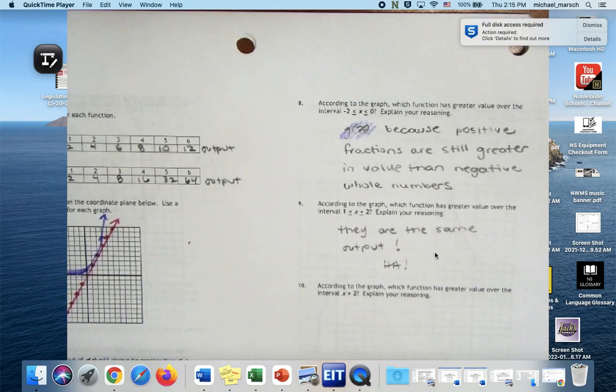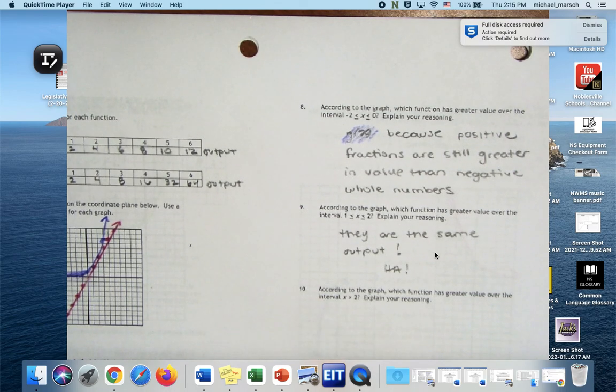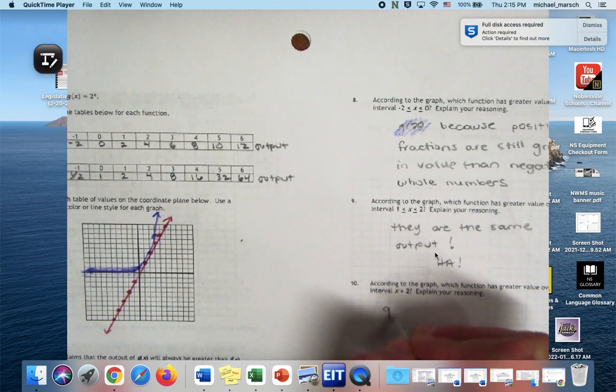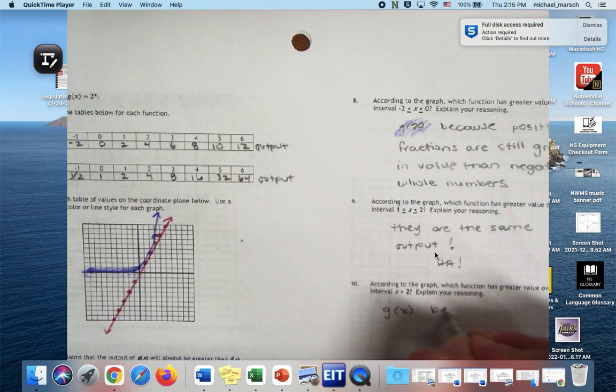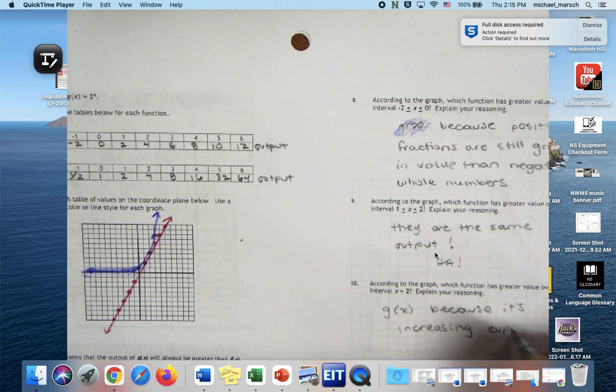Trying to trick us. No tricks to be had today. How about when x is greater than 2? Eden? G of x. Yep. Because it's increasing exponentially.